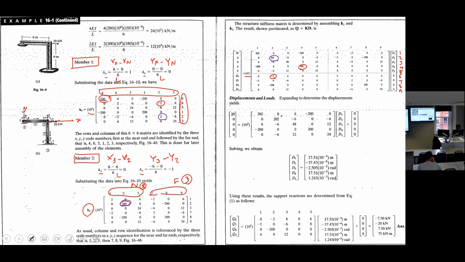If this node wants to go up, there are two elements resisting this movement. This element resists with its axial resistance, and element number 1 resists this deformation with its flexural resistance. So both elements, 1 and 2, contribute. Usually this happens for a degree of freedom that is between two elements. Number 2 is between element number 1 and 2. So this happens for degree of freedom number 2.